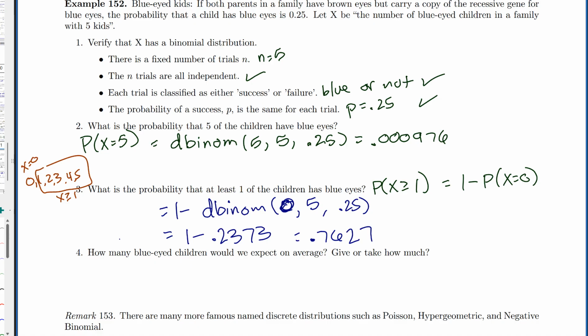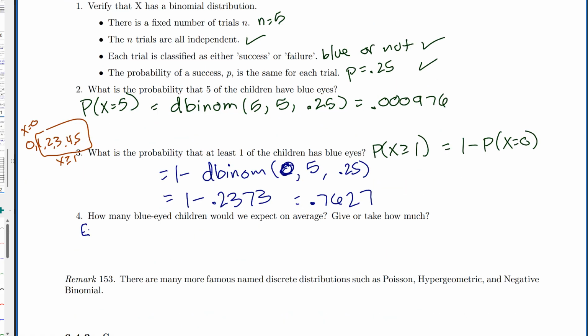Now, how many blue-eyed children would we expect on average, give or take how much? So expected value of X is just equal to np. So in our case, that's going to be 5 times 0.25, which is 1.25. We expect 1 1/4 kids to have blue eyes. The variance of X equals np times 1 minus p.